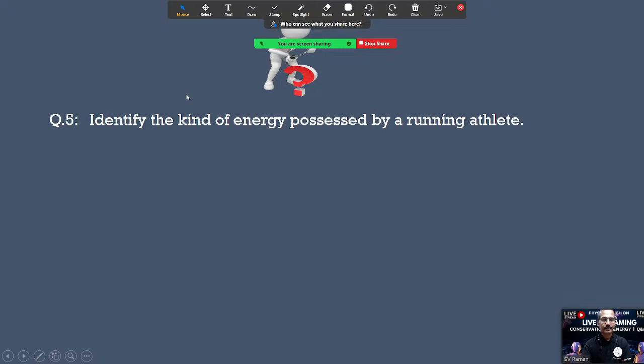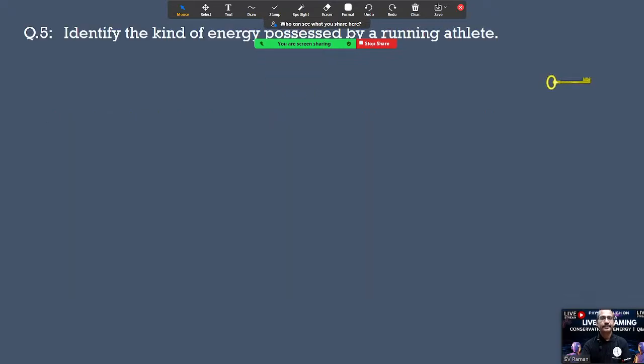Next question. Identify the kind of energy possessed by a running athlete. Stone, athlete, all are the same answers. A running athlete also has kinetic energy.